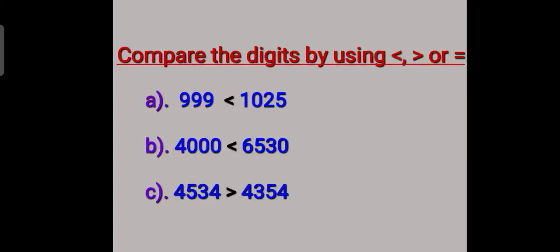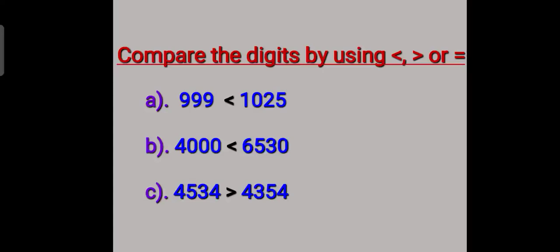The first digit in 4534 is 4, and in 4354 the first digit is also 4. So both digits are the same.